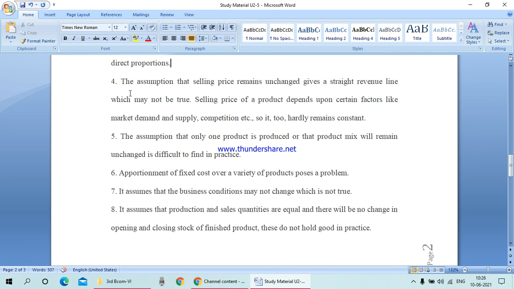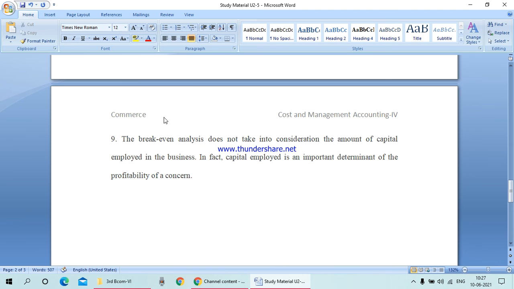Then it assumes that production and sales quantities are equal and there will be no change in opening and closing stock of finished product. These do not hold good in practice.